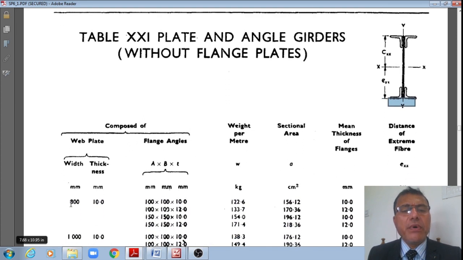That is a web of 800 mm by 10 mm thick with a flange angle of ISA 100 by 100 by 10 with the equal angle section, then it can furnish 122.6 kg per meter, and it gives a sectional area of 156.12 centimeter square, and the mean thickness of the flanges is equal to 10, and the distance of the extreme fiber notated by EXX is 40 centimeter or 400 mm.